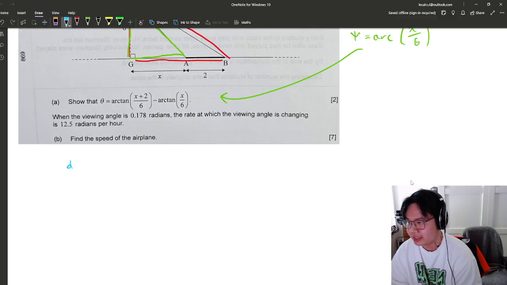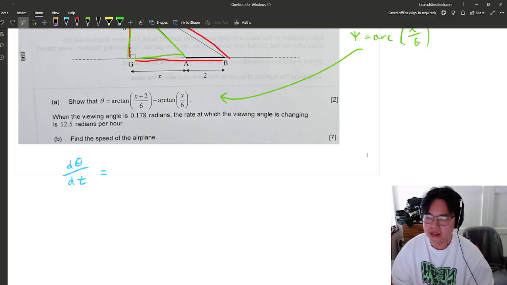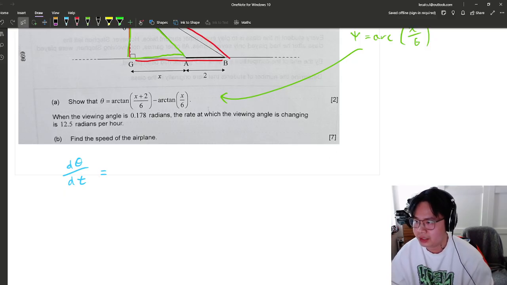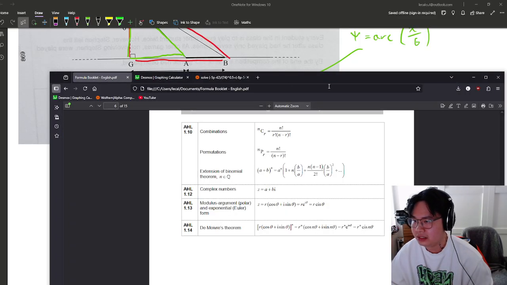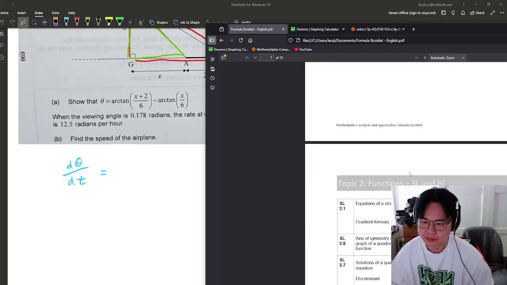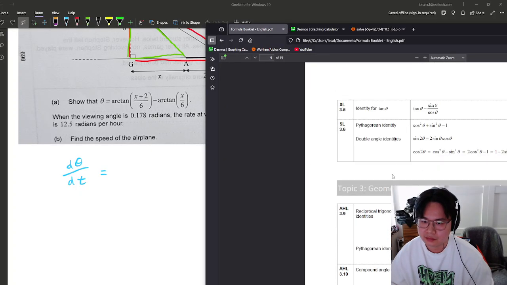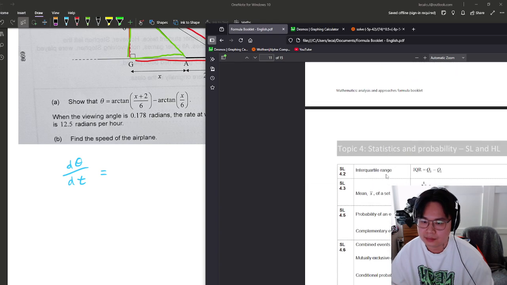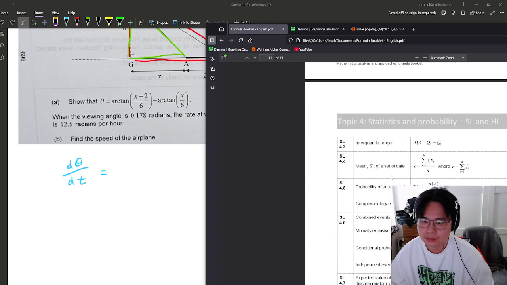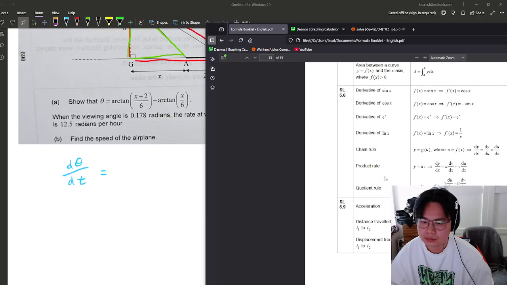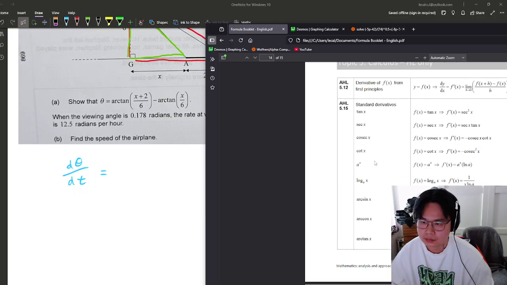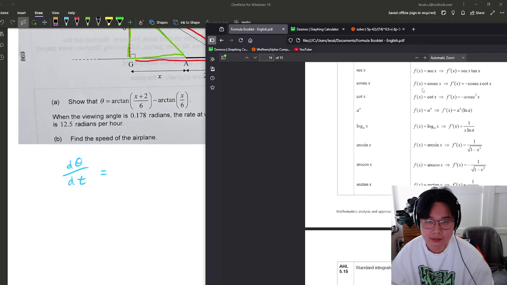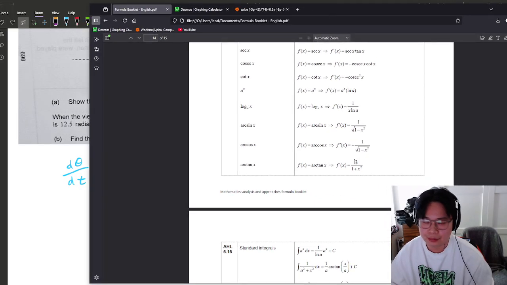So then we have d theta over dt is equal to, and then we derive this part. You need to know the arctan derivative, which is somewhere in here. This one, oh, you can't see it. 1 over 1 plus x squared.